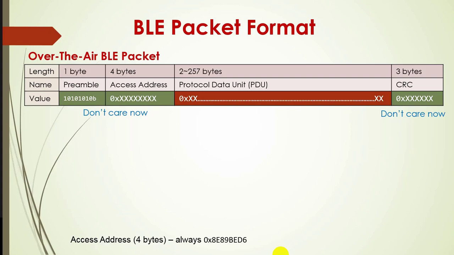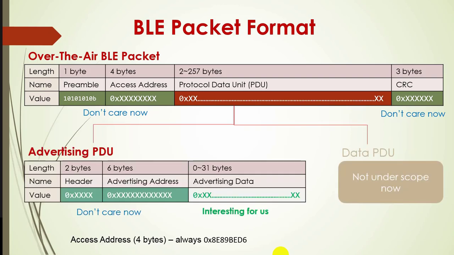These packets can be used for advertising and for data exchange. The advertising packet is called advertising PDU and the data packet is called data PDU. For this particular topic, we will focus more on the advertising PDU, not the data PDU.